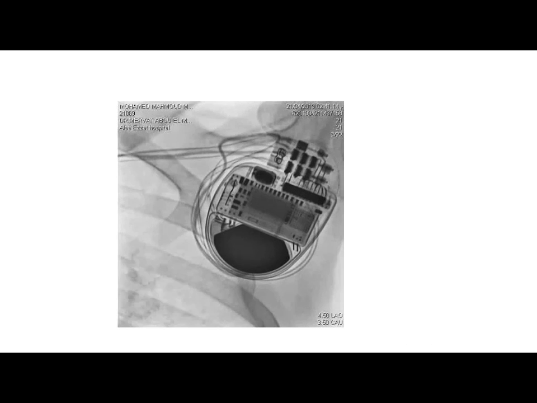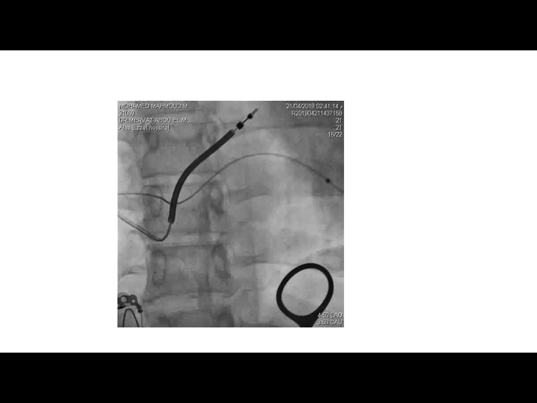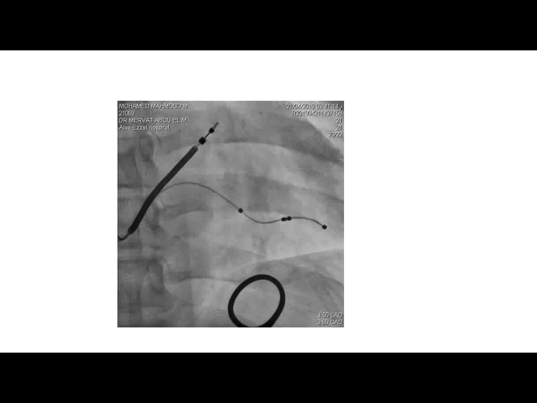I start with the PCA wire first, and then I deliver the lead. I don't go with the lead in the beginning, but I inject first, and then we deliver the quadripolar lead afterwards on the PCA wire, so that I can see the vein and make stability.